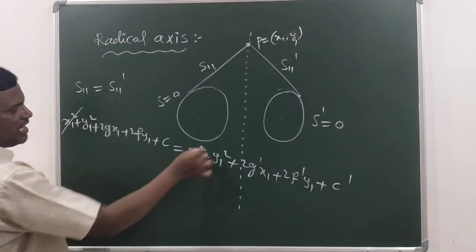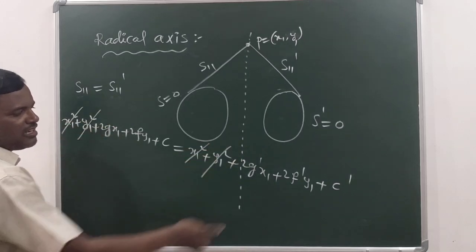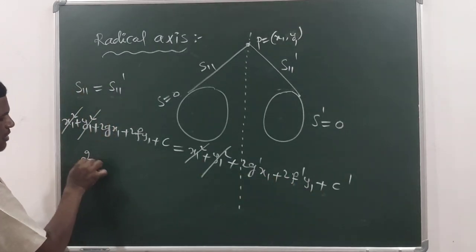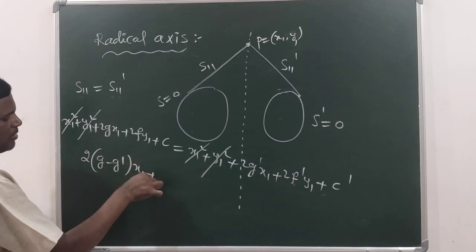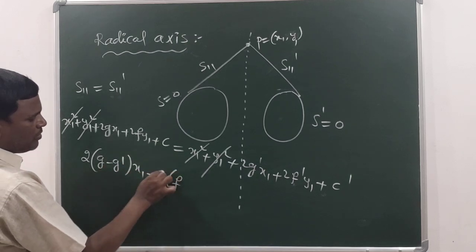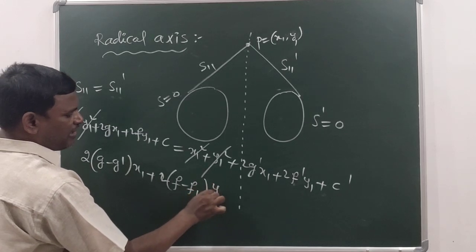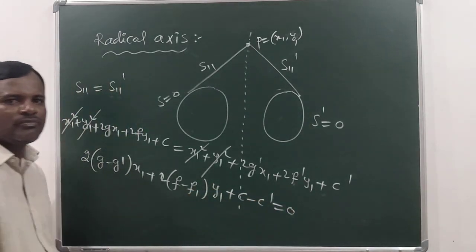So now x1 square cancel, y1 square cancel. Now bring these terms to the left side so that you will get 2 into g minus g dash x1 plus 2 into f minus f dash y1 plus c minus c dash, which is equal to 0.